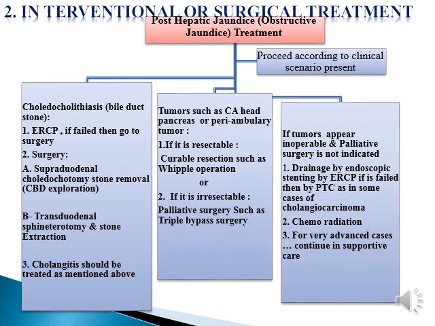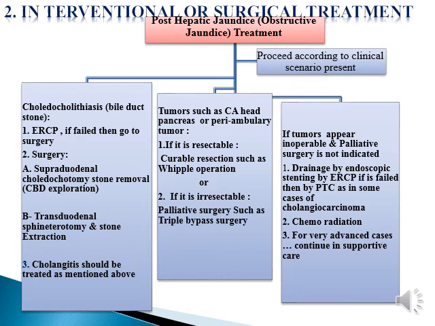If the tumor appears inoperable from the start and even palliative surgery cannot be achieved or is not indicated, then the treatment is drainage by endoscopic stenting using ERCP, I mean putting a stent inside the common bile duct.